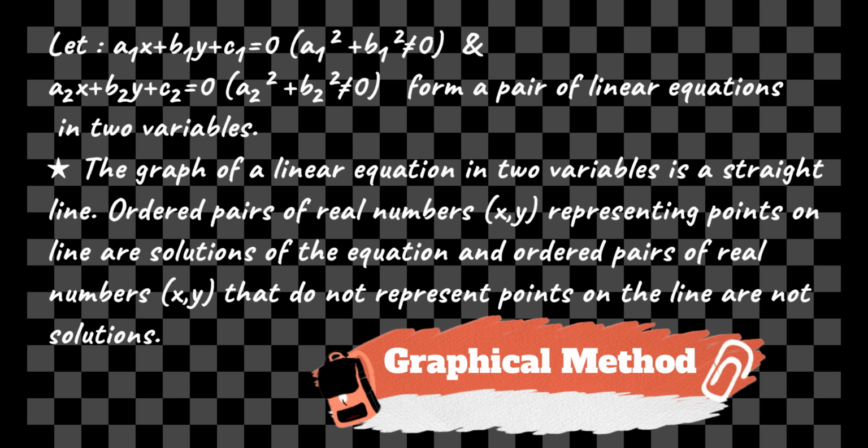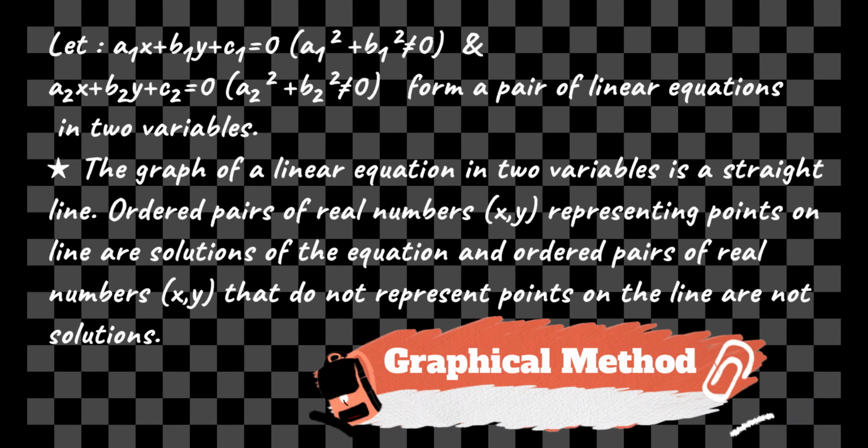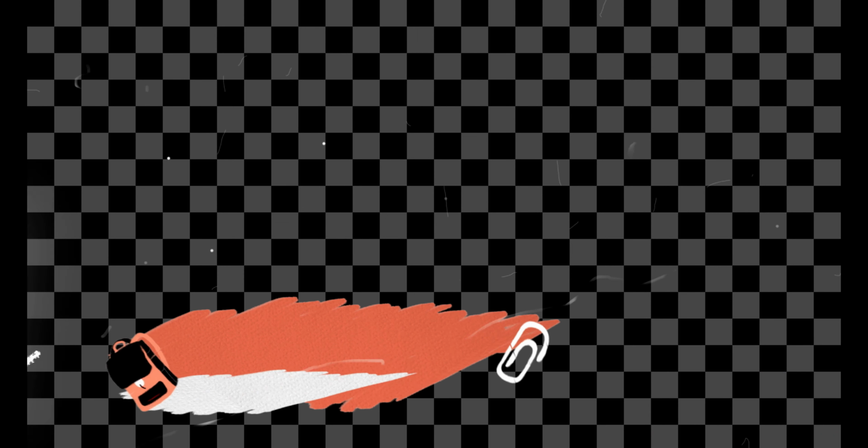If the graph of the linear equation in two variables is a straight line, the ordered pairs of real numbers (x, y) representing points on the line are solutions of the equation, and ordered pairs of real numbers (x, y) that do not represent points on the line are not solutions.